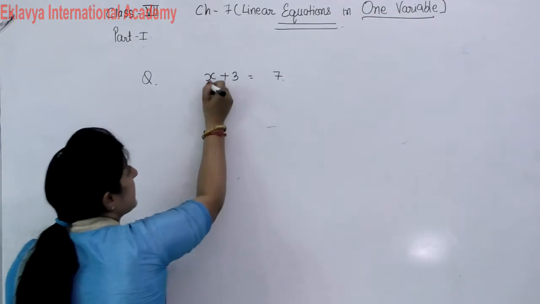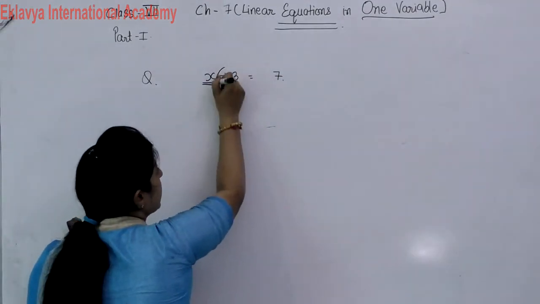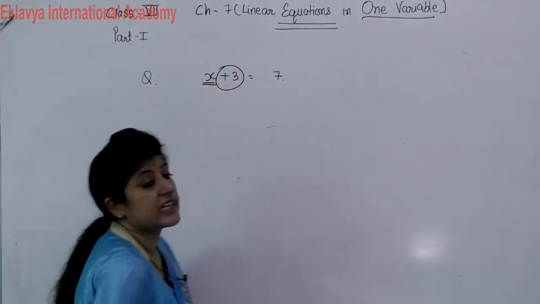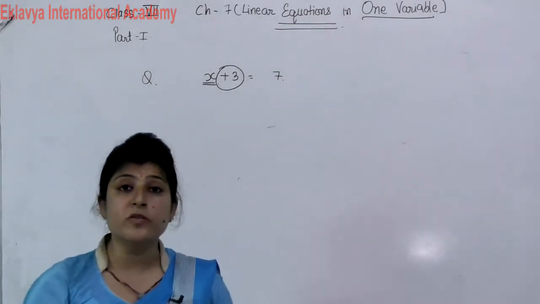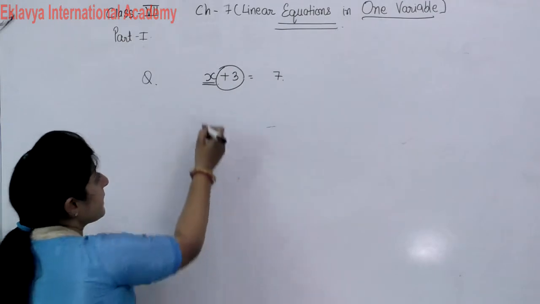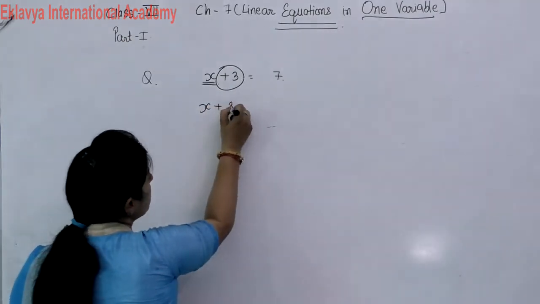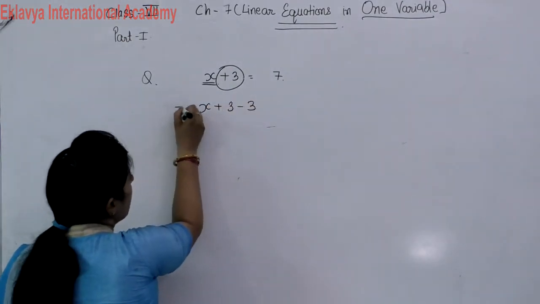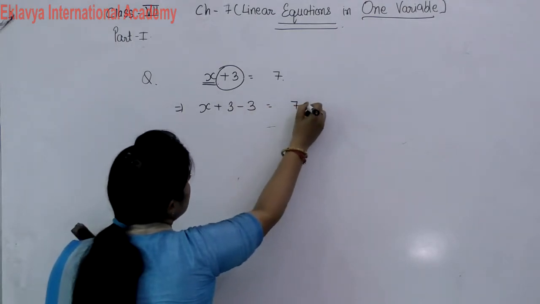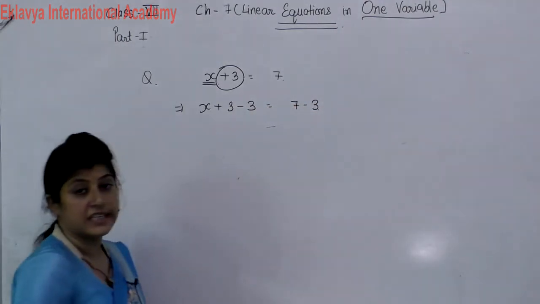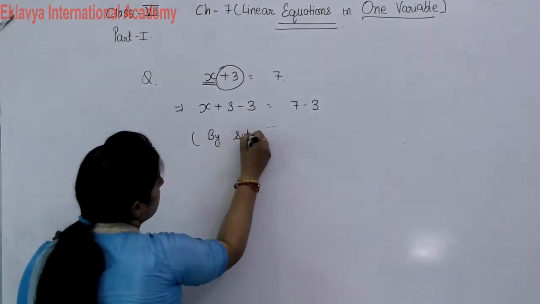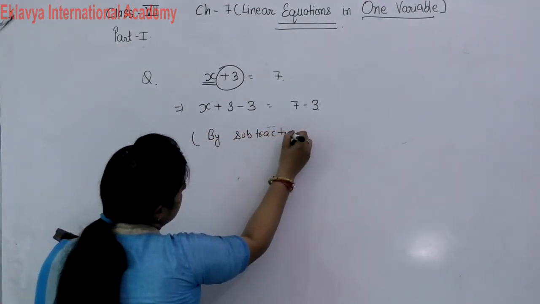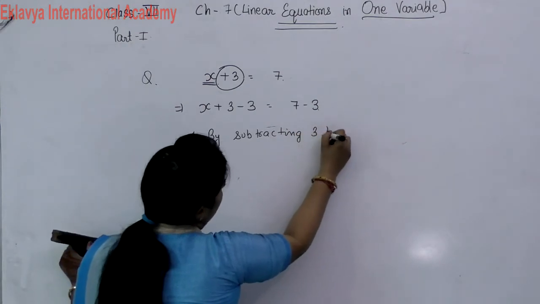Here, with the unknown quantity, there is one thing, that is plus 3. If we want to remove this plus 3, we have to subtract, and whenever we subtract, we subtract on both sides. So we can write by subtracting 3 from both sides.